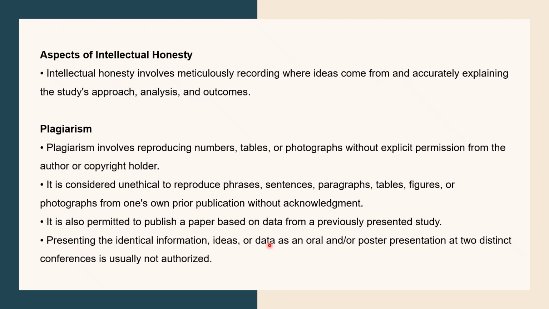You should not copy paste the same phrases, sentences, paragraphs, tables. Whenever it is used, we need to cite it properly, that it is taken from that paper and it is their work. Then plagiarism will not happen. It is also permitted to publish a paper based on data from a previously presented study, but it should not plagiarize. Your own method should not be plagiarized from the other method. The same idea you should never copy.